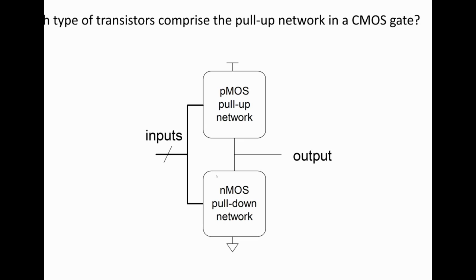You want the source at VDD because the gate-source voltage needs to be negative to turn them on. If you had the PMOSs in the pull down network, the source would be at ground, and it would be tough to make the gate negative. So that's basically the idea. PMOS pull up, NMOS pull down.